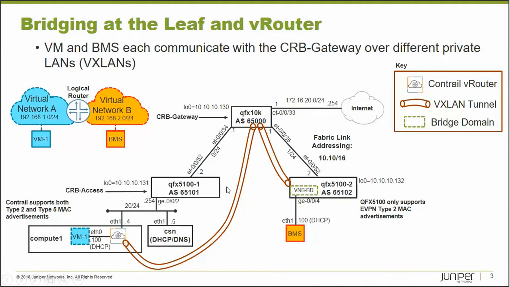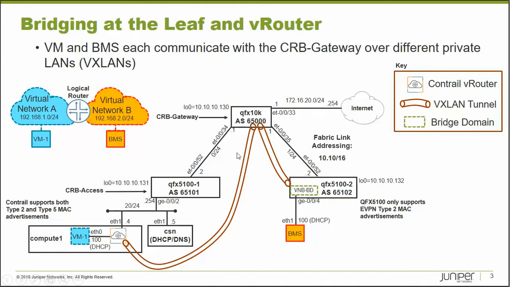It won't act as a layer 2 VXLAN gateway. It just forwards IP packets at this point. So it's going to be the vRouter that encapsulates any traffic from the VM into VXLAN to transport it between itself and its gateway being the QFX 10K.